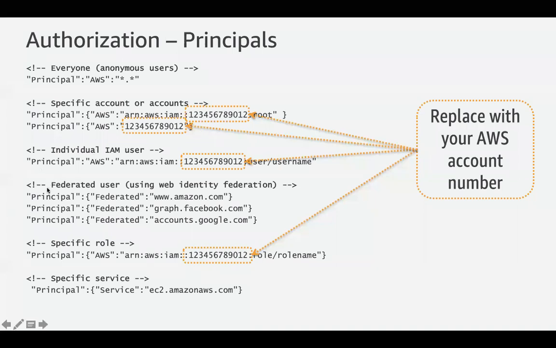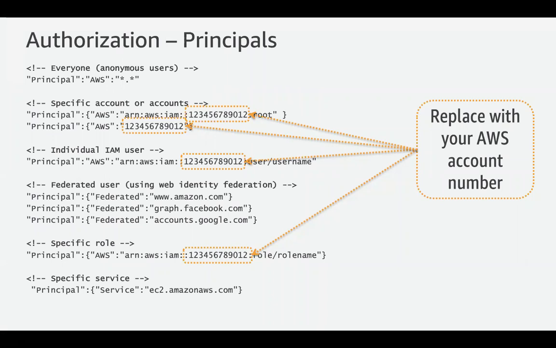Okay. Then federated users, like AWS also allows federation with other web identities such as Amazon.com, Facebook.com, Google.com, right? Where you have your account in Google.com, you can actually federate with your Google accounts. I mean, you must have seen that a lot of websites and a lot of services online allow you to do a single sign-on with Google, right?